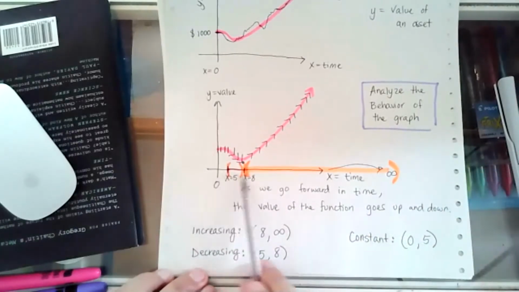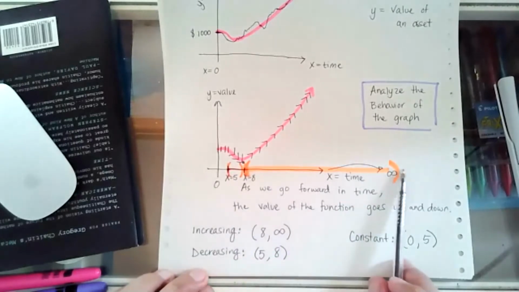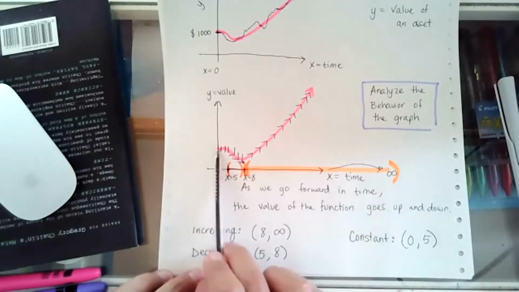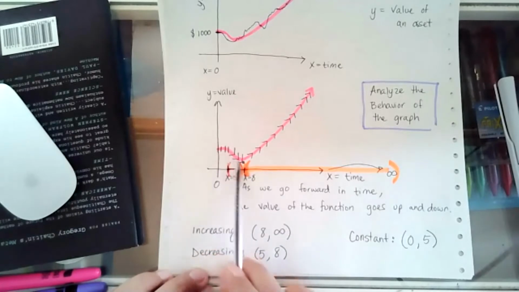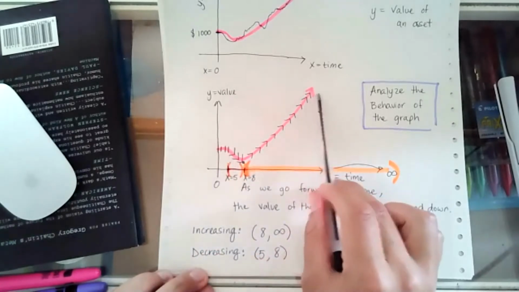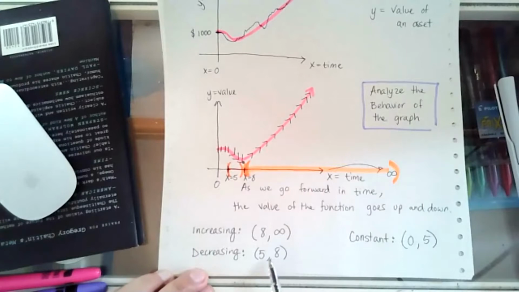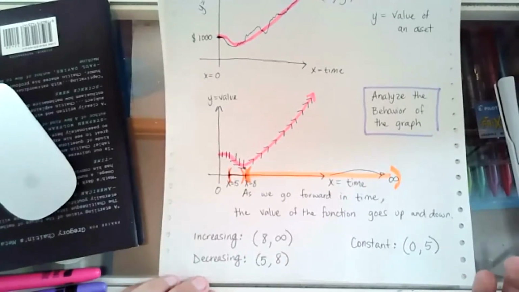Basically, I'm going to use the x-axis or the domain of the function to say, okay, is the graph flat? Is it going down? Is it going up? And then I need to use interval notation to write where it's increasing, decreasing, or constant. Okay, we're going to have some examples here in a second just to give you some practice.